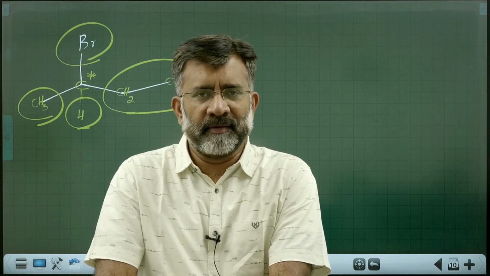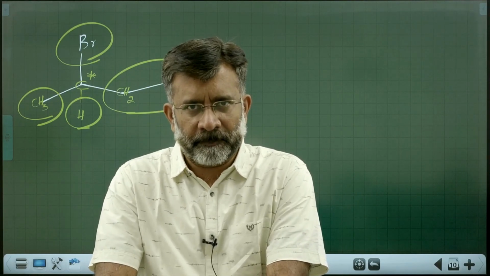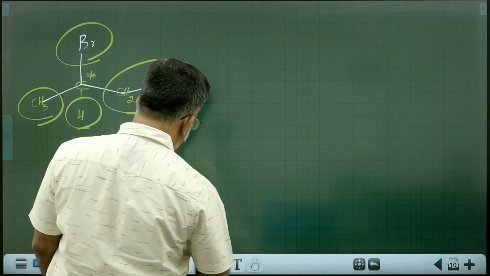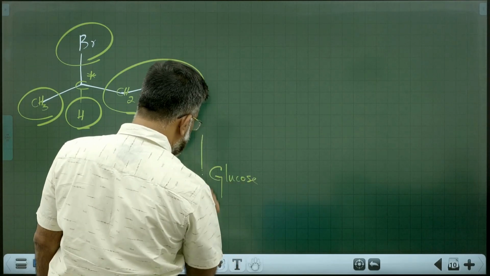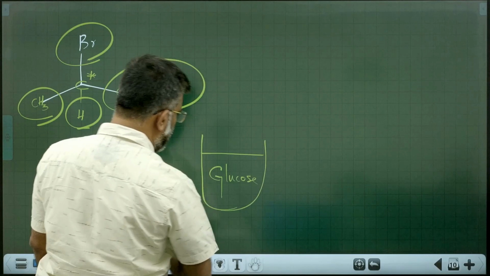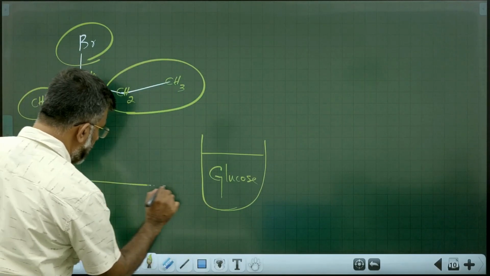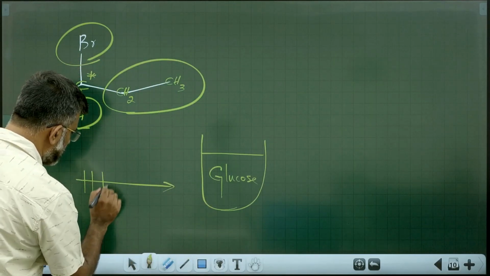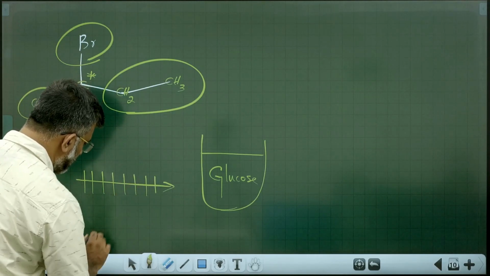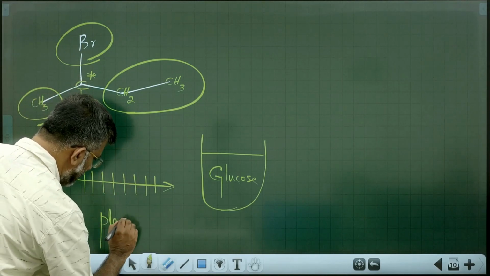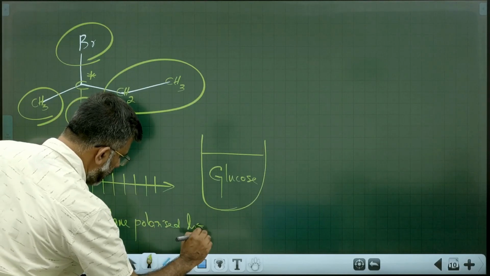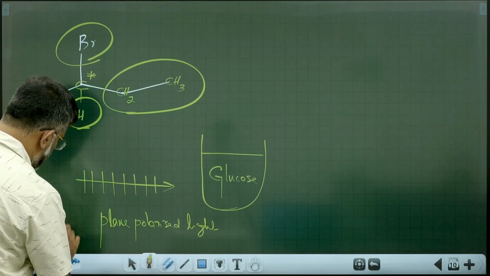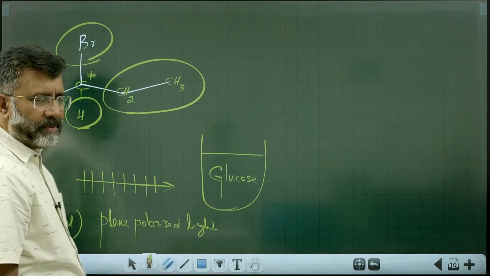We identify optical activity by using plane polarized light. For example, how do we understand glucose is optically active? We take a solution of glucose and pass plane polarized light through it. This is called PPL, plane polarized light. How do you get a PPL?